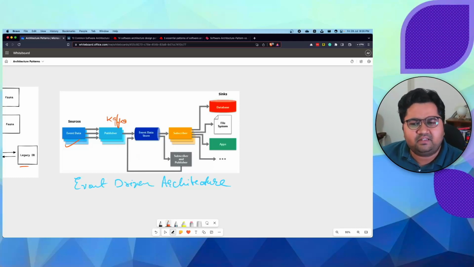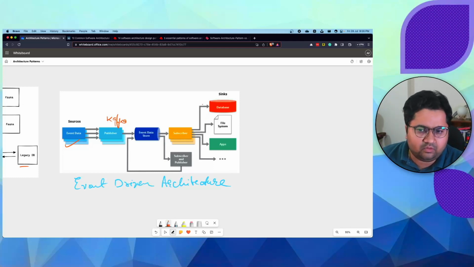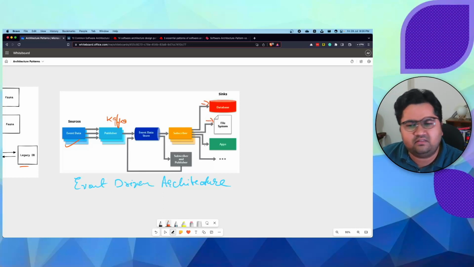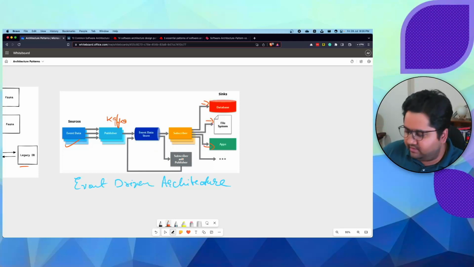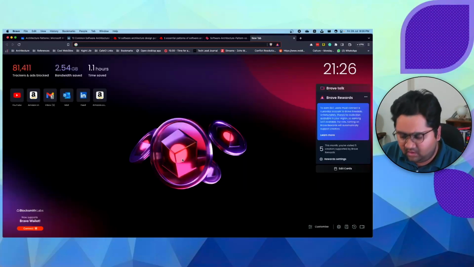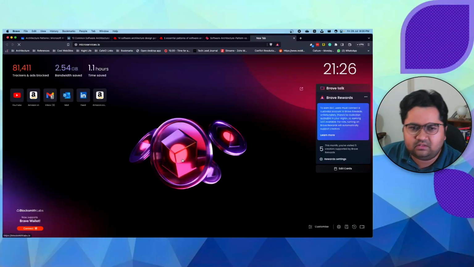And then there's a subscriber which subscribes to the data or the channel, and it can do a variety of actions based on that. It can throw the data in a sink, send it to a file system, send it to an app, and so on. The event data store is also connected to a subscriber and publisher, which is altogether a different world. Let's talk of microservices.